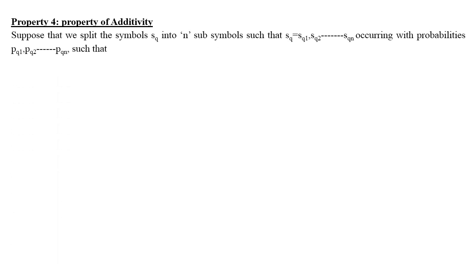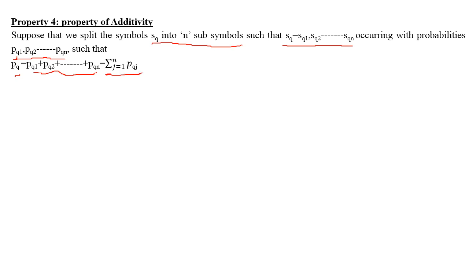Suppose we split the symbol Sq into n symbols such that Sq is equal to Sq1, Sq2 up till Sqn, occurring with the respective probabilities Pq1, Pq2, Pqn, such that Pq is nothing but Pq1 plus Pq2 plus so on up till Pqn, or we can simply write Pq is equal to summation j is equal to 1 to n of Pqj.